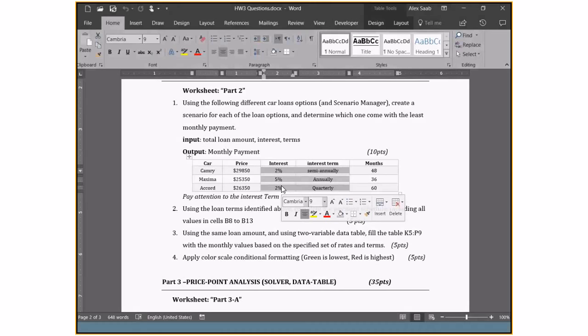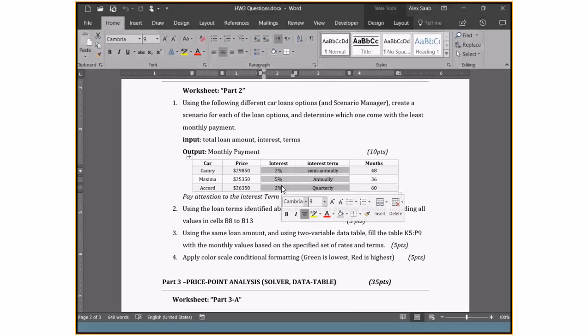So if you put the formula with the assumption that the rate is monthly, then you need to convert all these to monthly. So when you build your scenario manager, you put each scenario, the Camrys, yes, this is 29,850, but if it's monthly, then this goes to, divided by 6, will be 0.67. And same thing with annual, divide this by 12, and quarterly is the same.